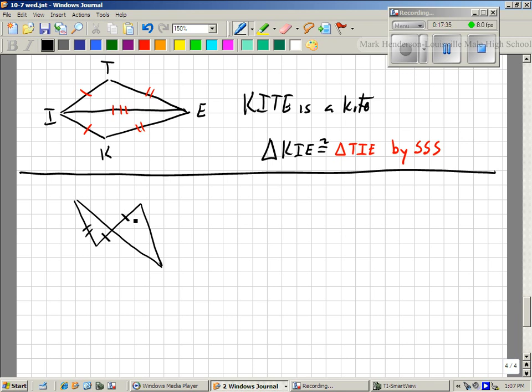And this is congruent to this. I'm going to call this A, B, C, D, E. So, triangle ABC is congruent to what?